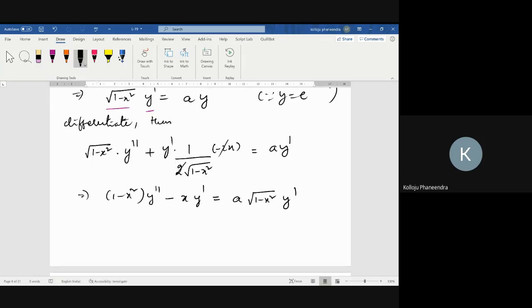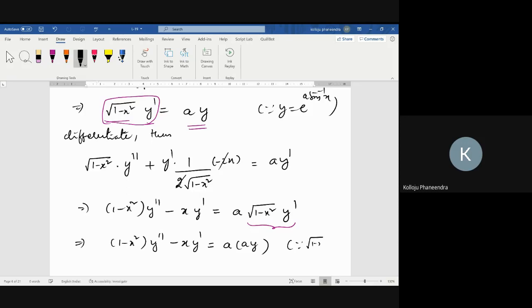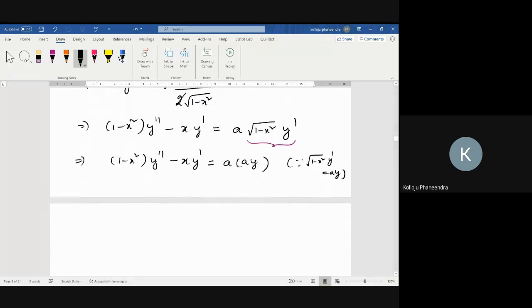Now from the earlier expression, 1 over root of 1 minus x square into y dash is a y, so substitute here a y. So 1 minus x square y double dash minus x y dash equal to a into a y.